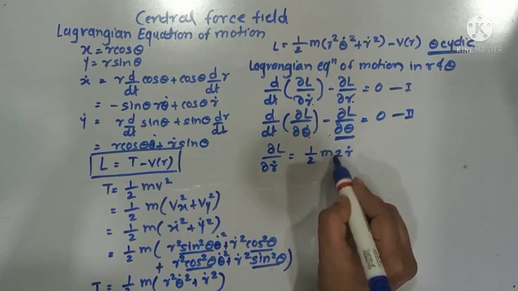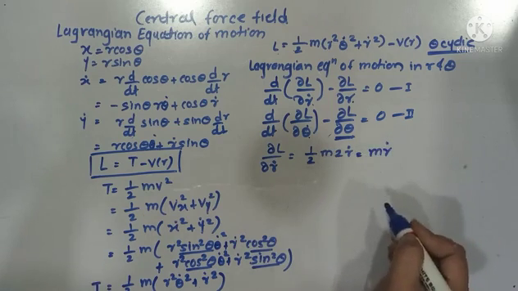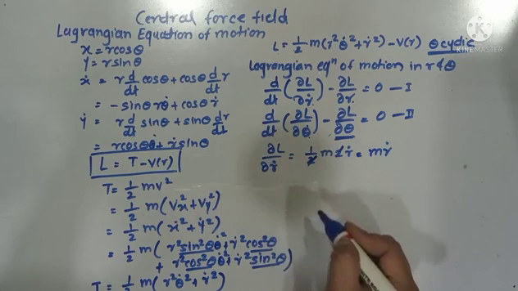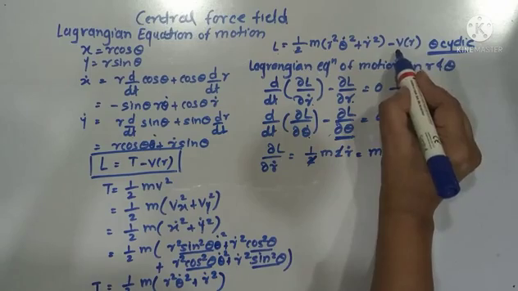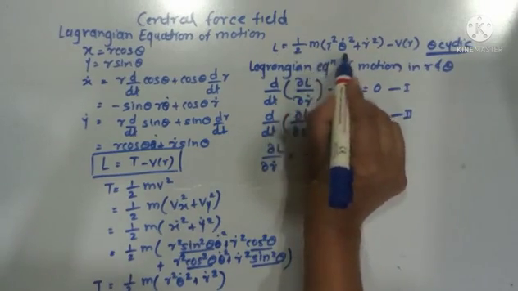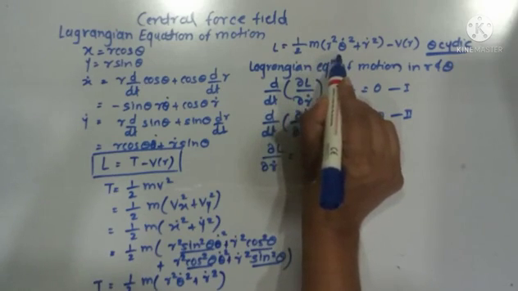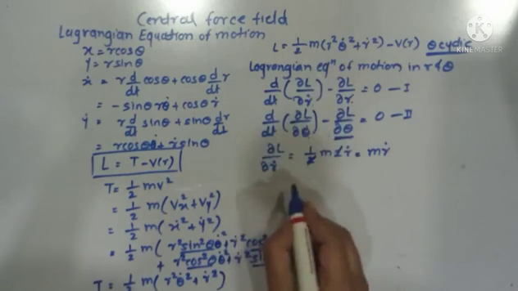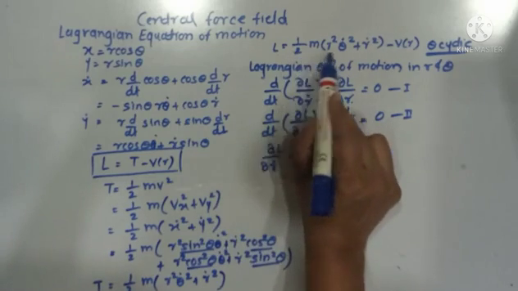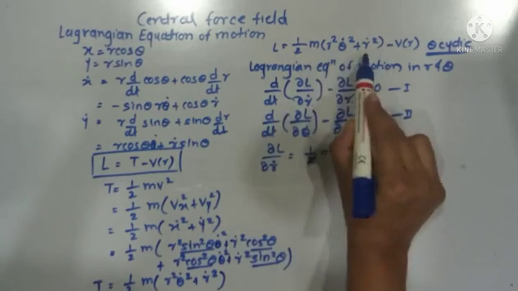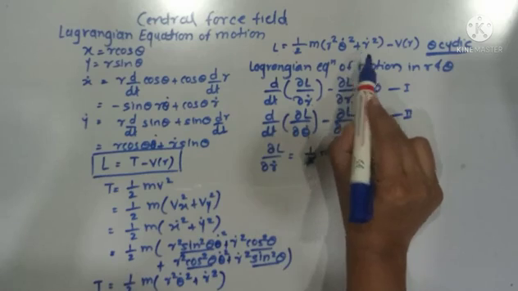This 2 will get cancelled, and we are going to get m r dot. The term 1/2 m r square theta dot square also doesn't contain r dot, therefore this term will also become 0. When I take the differentiation with r, there will be differentiation of the second term, and the first term will get cancelled out.